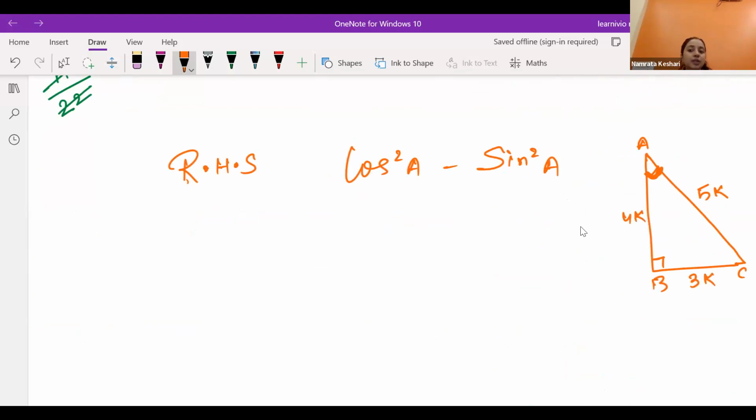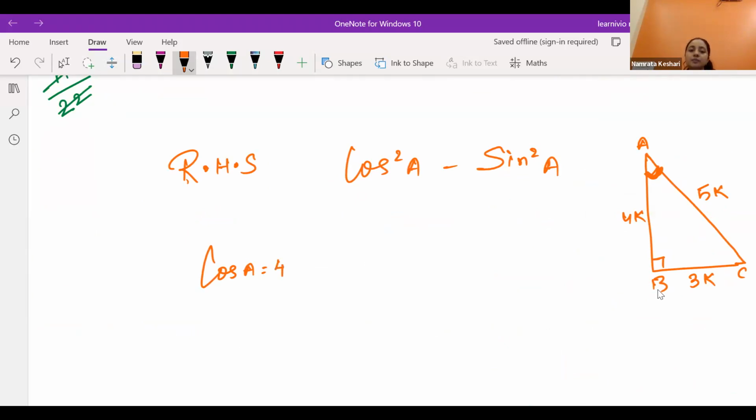I have just copy pasted the figure from above. Now we will focus on this right angle triangle and find cos A. What is cos A according to our right angle triangle? Base by hypotenuse or adjacent by hypotenuse? Yes, adjacent by hypotenuse.